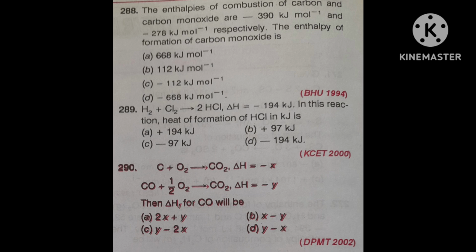Then you have to calculate delta HF for CO: first option 2x plus y, second x minus y, third y minus 2x, fourth y minus x. This question was asked in the medical examination, DPMT.